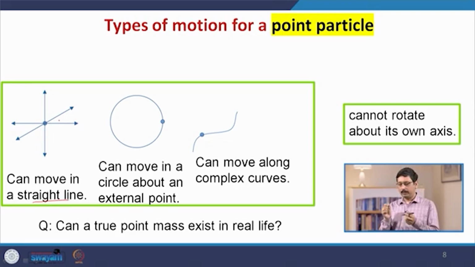Obviously, suppose this is a particle, it can move in a straight line in one direction. Now, if it moves on a plane, let us say the plane of this book cover, then it can move in any direction along the plane of the book cover, and this direction and this direction can be resolved into two independent parts.